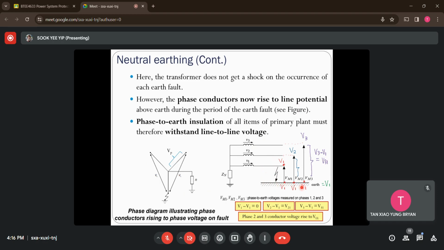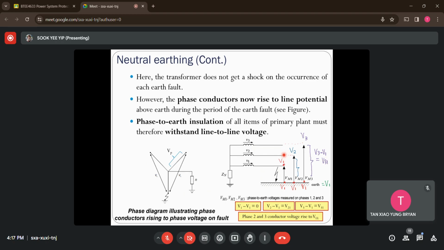So what happens if I measure the phase voltage? For the first phase, V1, because the ground is also carrying V1, the voltage difference will be equivalent to 0. V1 minus V1 is 0. But how about the healthy phases, the second phase and the third phase here? If you measure the difference, seeing as the ground is carrying V1, V2 minus V1 will be the voltage right now.